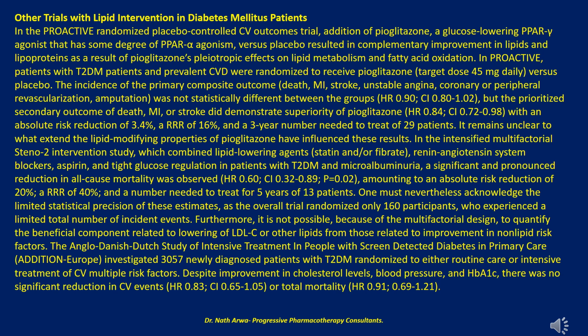The incidence of the primary composite outcome, such as death, myocardial infarction, stroke, unstable angina, coronary or peripheral revascularization, amputation, was not statistically different between the groups, hazard ratio 0.9, with a 95% confidence interval of 0.8 to 1.02, but the prioritized secondary outcome of death, myocardial infarction, or stroke did demonstrate superiority of pioglitazone, hazard ratio 0.84, with a 95% confidence interval of 0.72 to 0.98, with an absolute risk reduction of 3.4%, or RRR of 16%, and a 3-year number needed to treat of 29 patients.